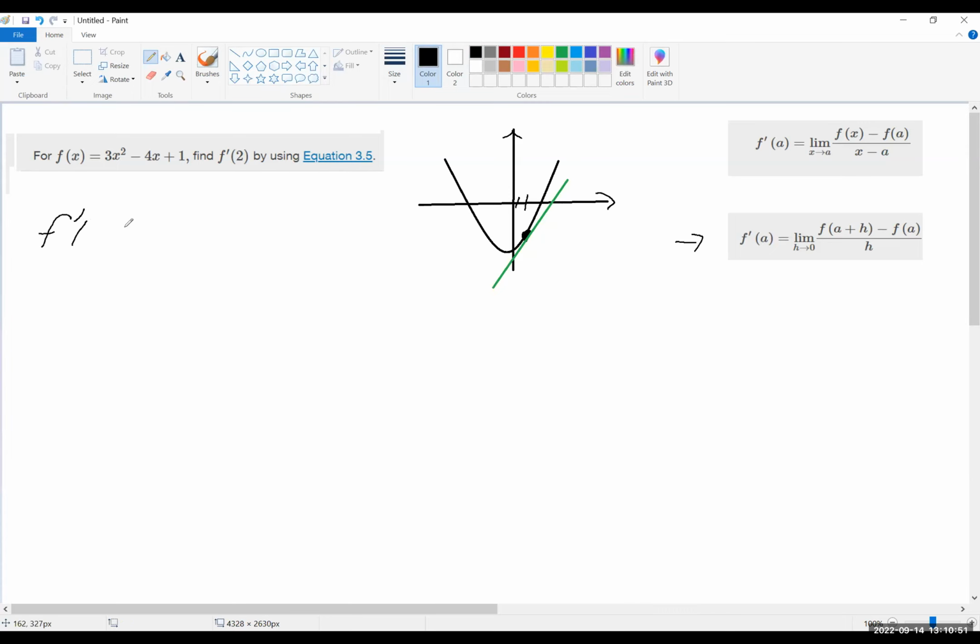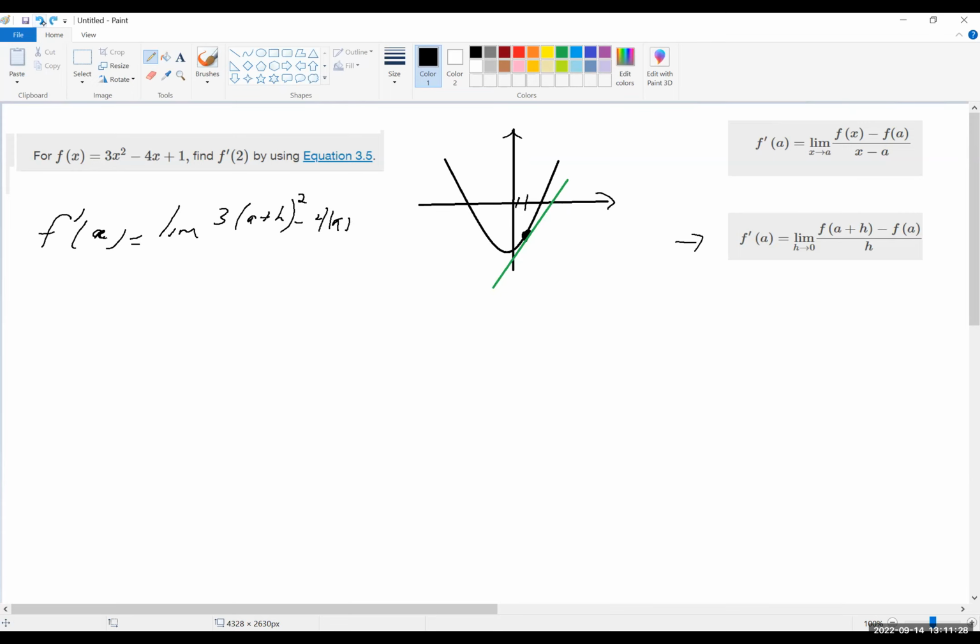So the derivative at a is the limit of f, well, it's f of a plus h. So I'm just going to plug in a plus h. So it's minus 4 times a plus h. Let's see if I can do that just a tad better.